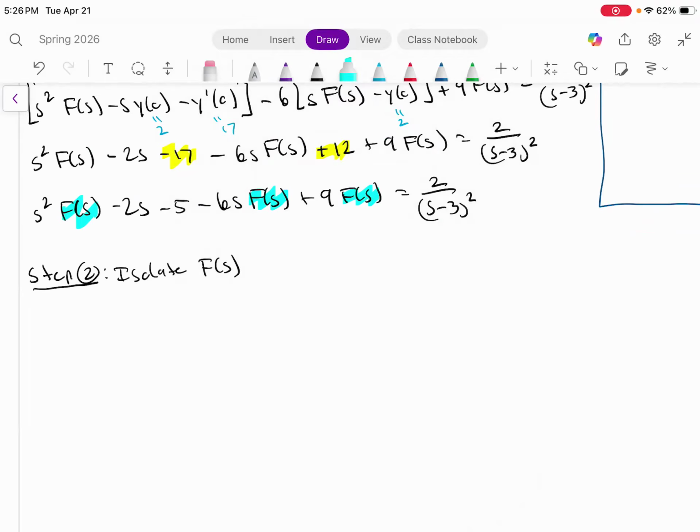So I'm going to factor out F of s from those terms. So this would be s squared minus 6s plus 9. I'm factoring out an F of s, and I just have that negative 2s minus 5 left over. And my right side is still the same.